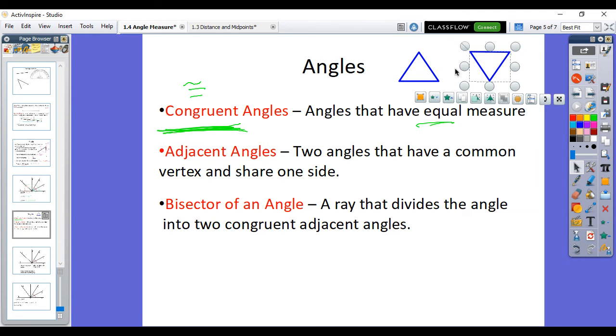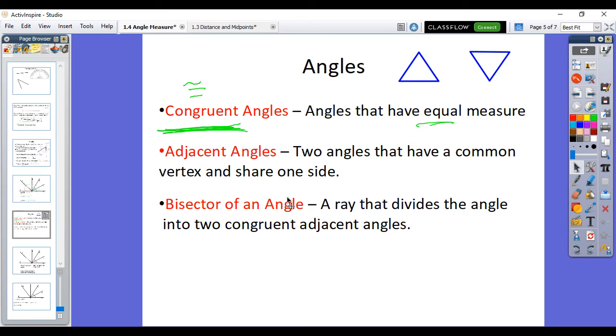So you saw me make this triangle, copy it exactly, and then just flip it. They are congruent. They may not look the same because they're not pointing the same way, but they are congruent. The measurements, the lengths of the sides, are all the same.